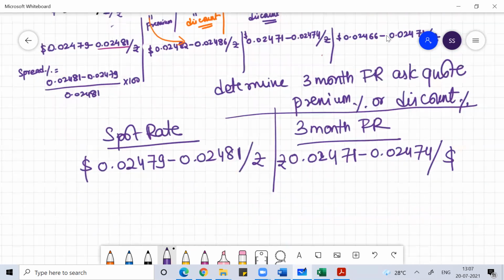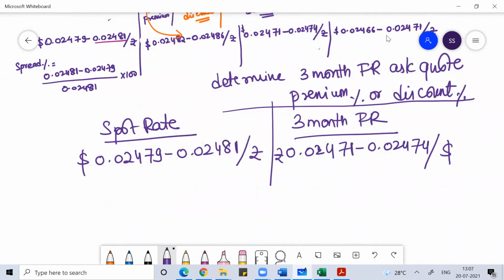If I want the 3-month forward rate ask quote premium or discount percentage, ask quote means you have to see this value and compare it with the spot rate. You can see that the forward rate is less than the spot rate, right? Because it is less, definitely the forward rate is at discount.